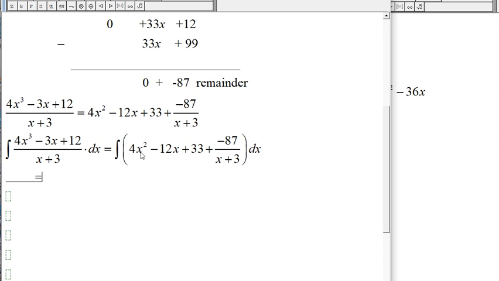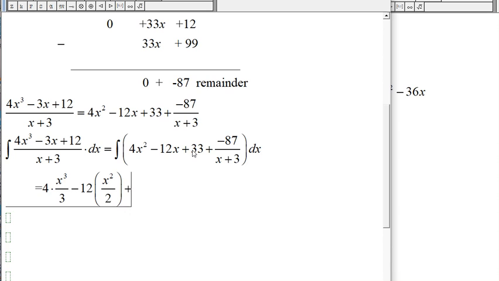The antiderivative of 4x squared would be just 4 times, and to do the antiderivative of x squared, we add 1 to the exponent, so x to the third divided by 3. Then minus 12 times x, so the antiderivative is 12 times the antiderivative of x. This is x to the first, so the antiderivative is x to the second divided by 2. And this is a constant, so it'll be just 33 times x.